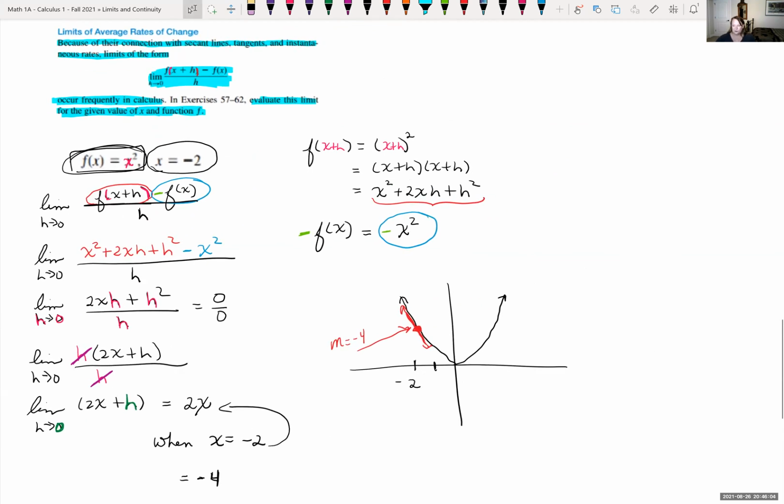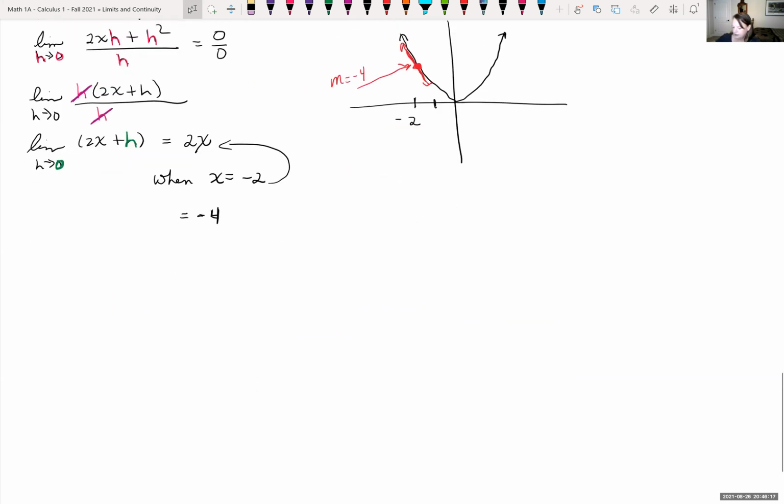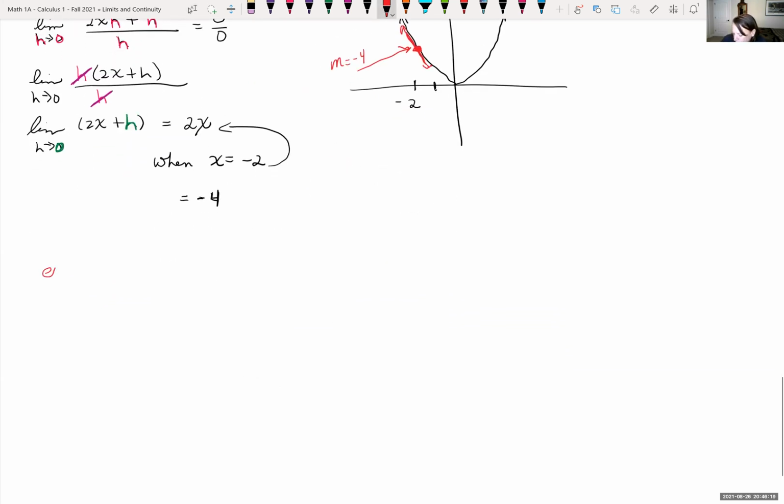Let me pull one more out. How about let's do the same thing, but this time our function f of x, let's say, is the square root of 3x plus 1.